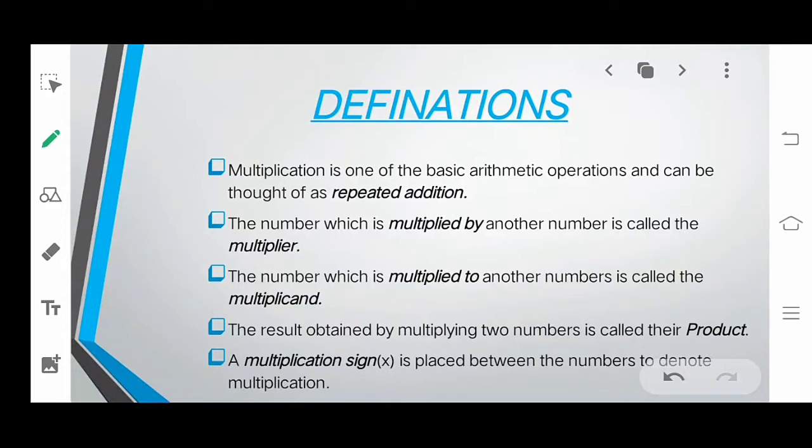The result obtained by multiplying two numbers is called the product. And lastly, the multiplication sign is placed between the numbers and is denoted by this. I hope this is really easy and basic information, and now we are going to learn about some properties.